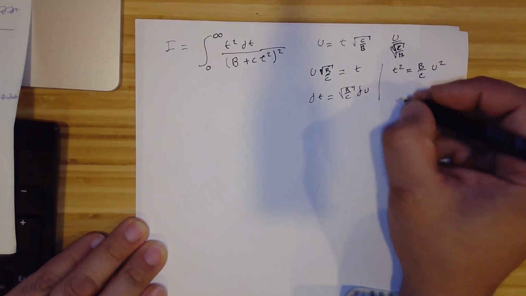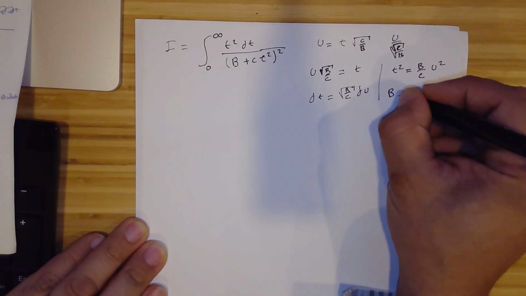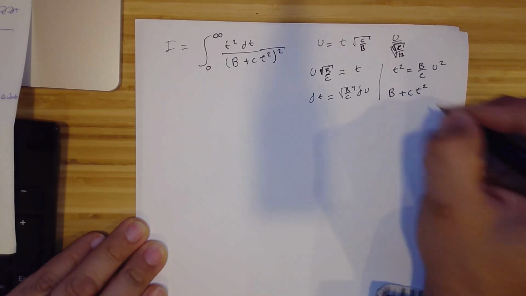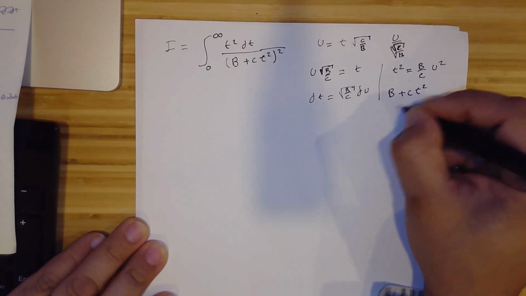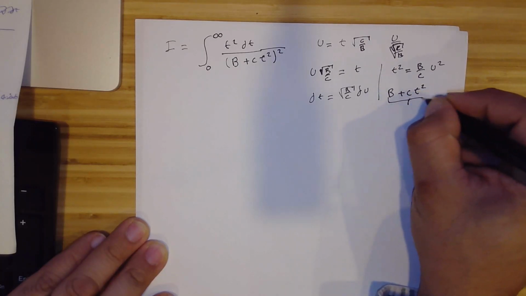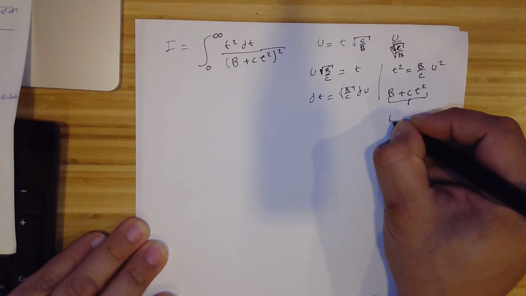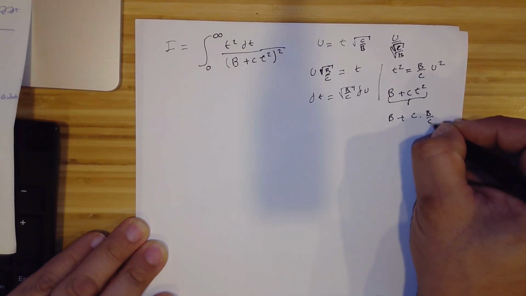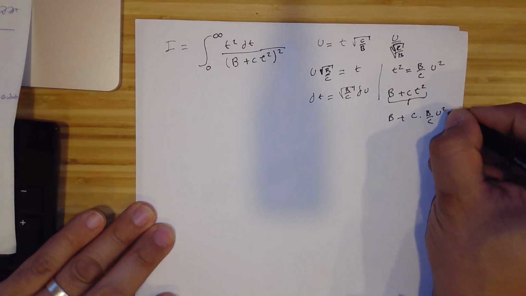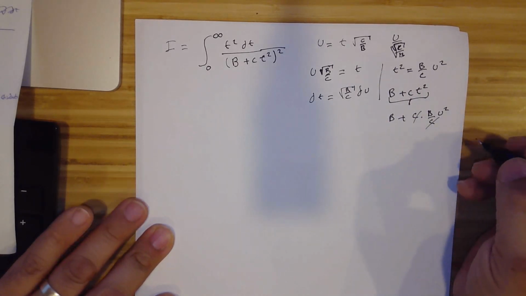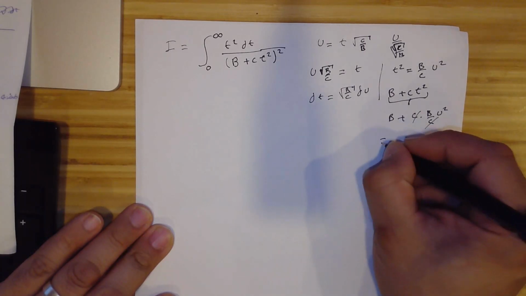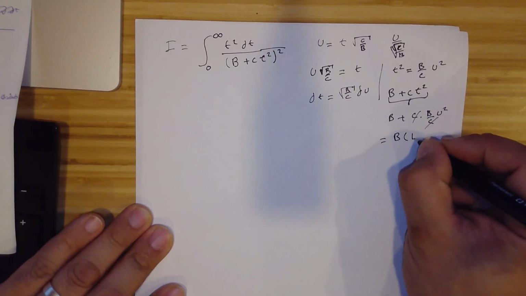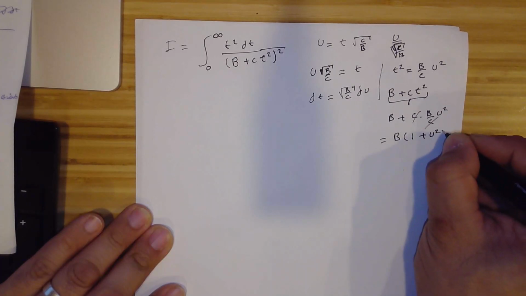I can also calculate what will be b plus c times t square, right? In this case, what will be this expression? I can write that as b plus c that multiplies b over c u square, right? And we can get rid of the c, and we will have finally b that multiplies 1 plus u square.